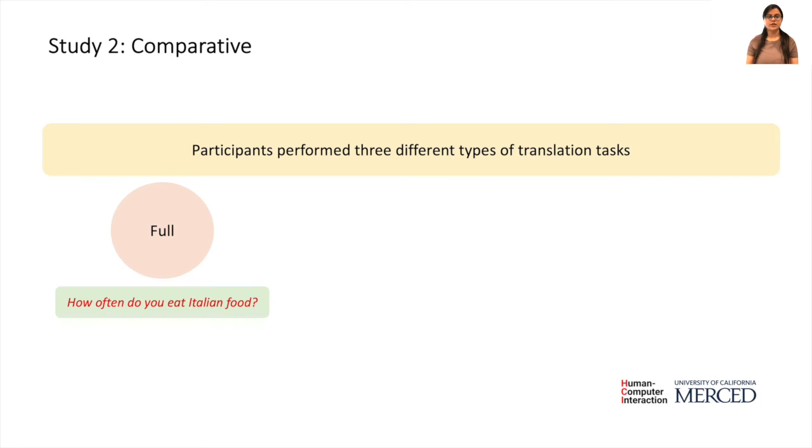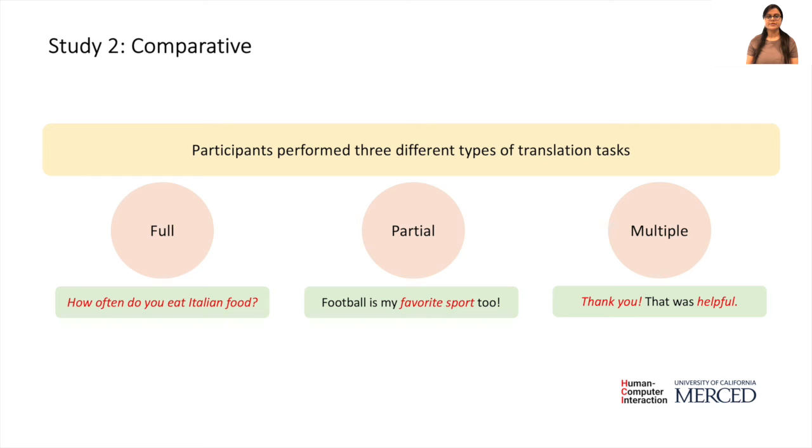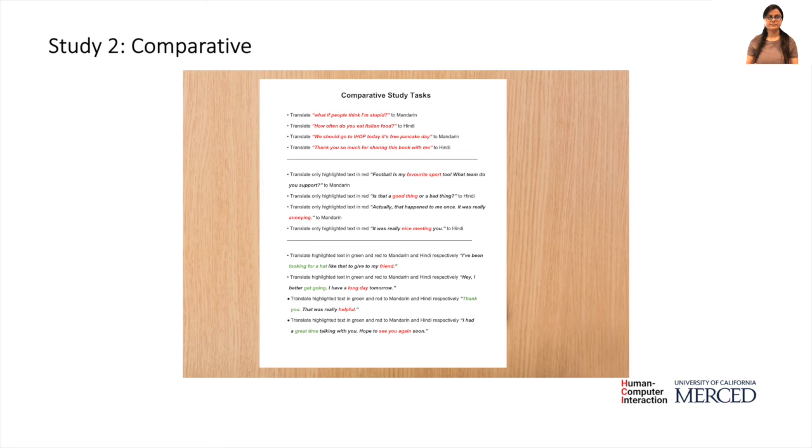First, full, where participants translated a complete phrase to another language. Second, partial, where participants translated a select part of a phrase to a different language. Third, multiple, where participants translated 2 select parts of the phrase to 2 different languages. These tasks were presented in a printed task sheet.